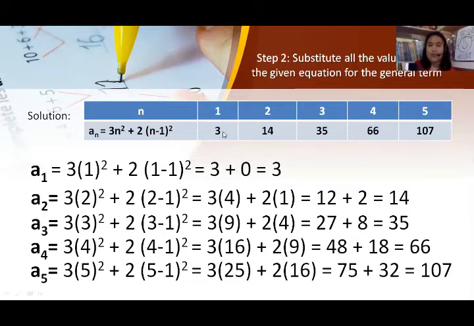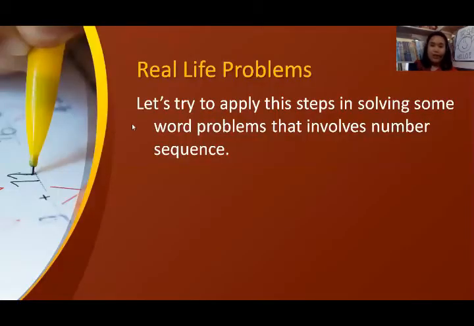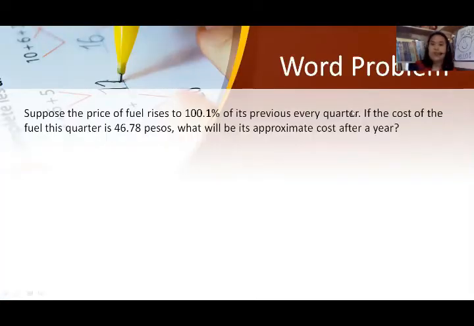Next, of course, to make sense of this generating pattern thing, we have to apply our knowledge and understanding in solving word problems. So let's have a word problem. Okay, a word problem here is, yan, basahin natin.